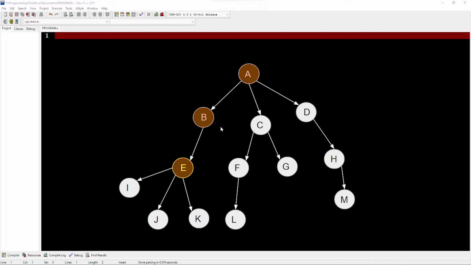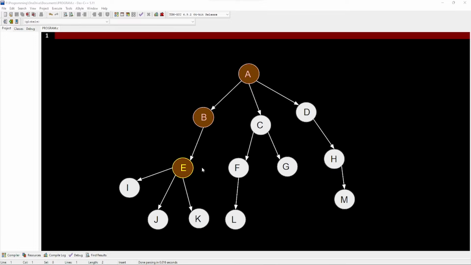The first node connected to it is the node E. Further connected to the node E are the nodes I, J and K. So all these four nodes are the descendants of the node B: the node E, the node I, node J and node K.